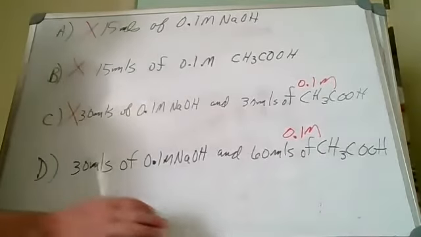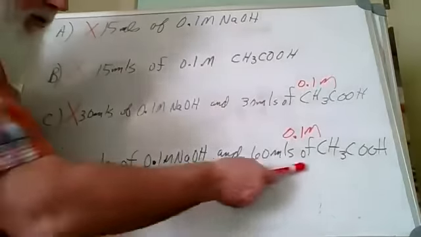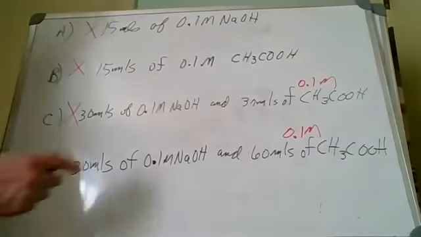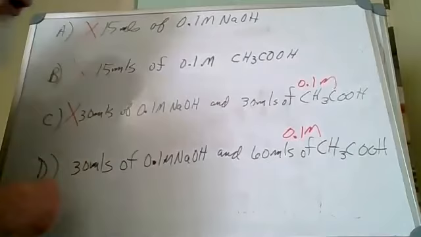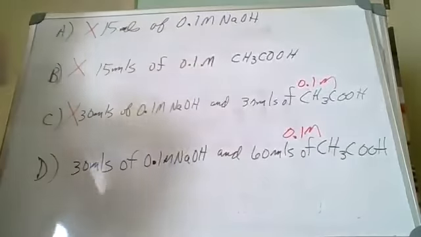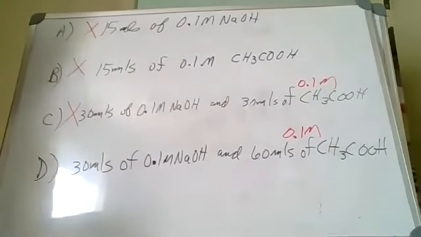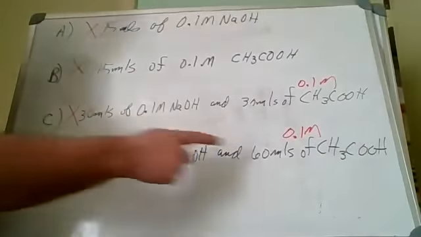Okay? And if we wanted to, we could use the Henderson-Hasselbalch equation to quickly calculate the pH of this solution after we mix them together. Because we know that half of the amount of acetic acid is neutralized, turning it into acetate anion, we will have equal concentrations of acetate and acetic acid.